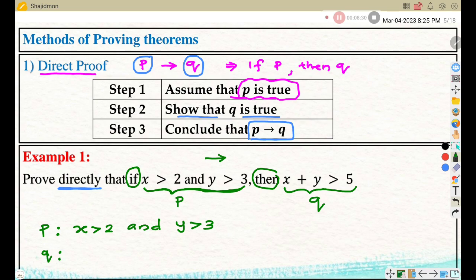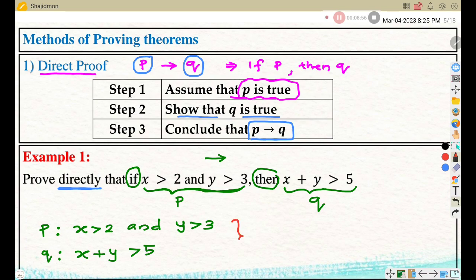What we need to prove: x plus y greater than 5. That means if you take a number more than 2 and another number more than 3, when we add these two numbers, the answer should be more than 5. That is what we need to prove, correct?